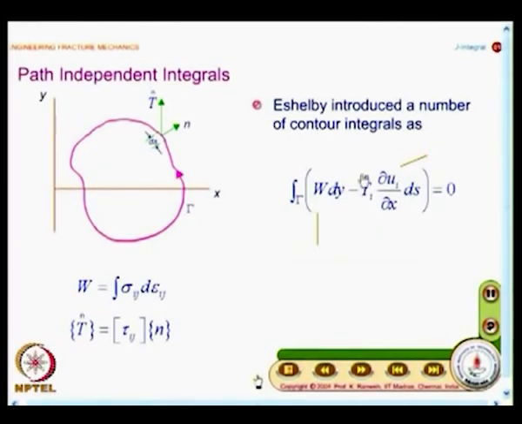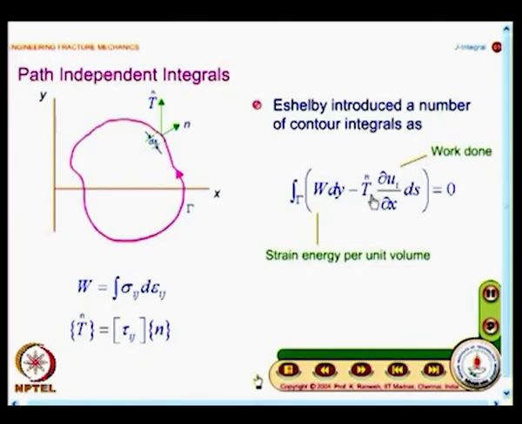And if you look at the second term, this is written in indicial notation. So, I have T_i multiplied by dou u_i divided by dou x. This will repeat. If you look at the Einstein summation convention, when I have i, this indicates that it would repeat. Since we are considering a planar situation, you will have the first index 1 and second index 2, so you will essentially have 2 terms for this.